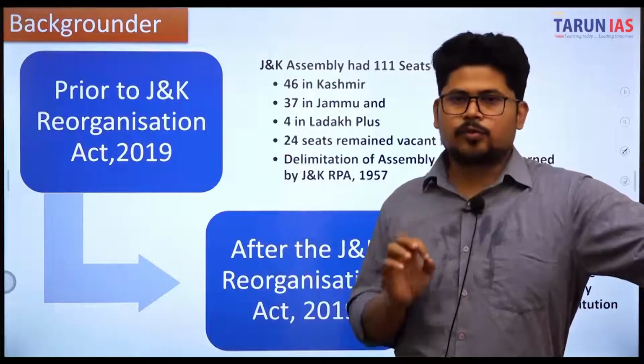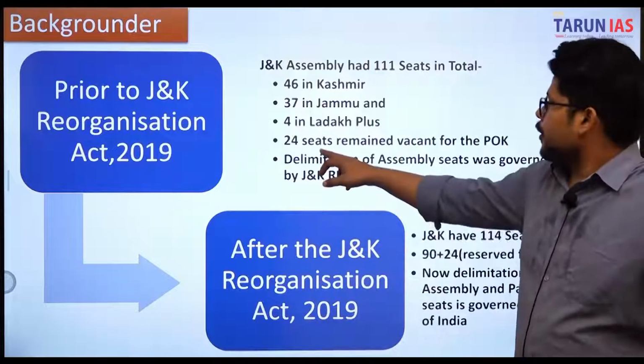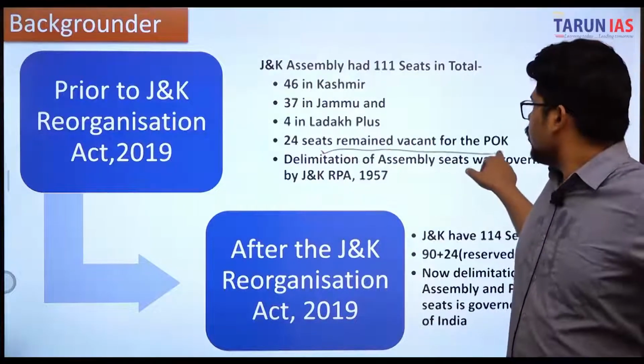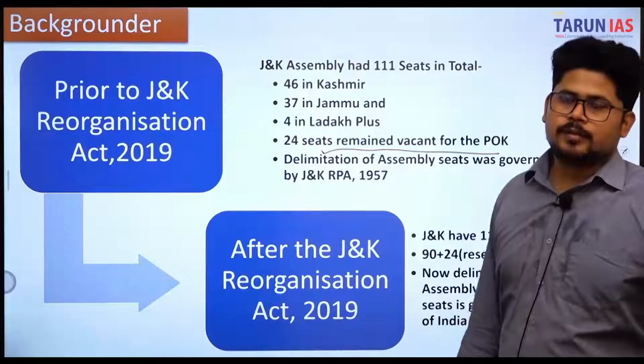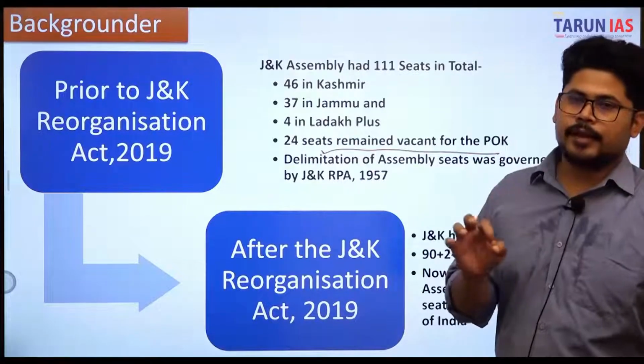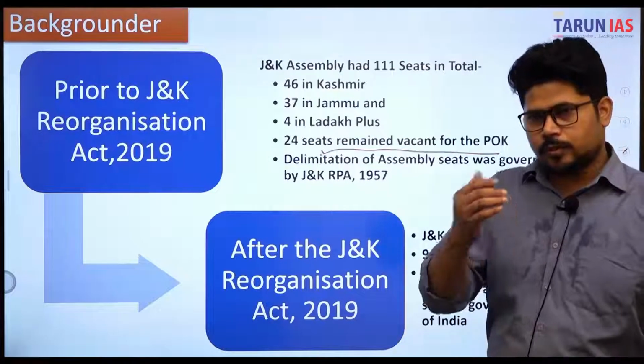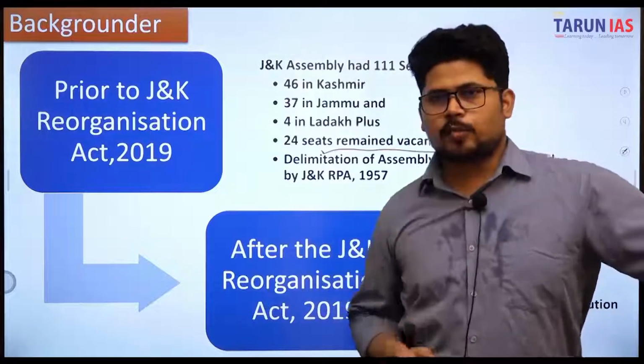Plus, a very important point to notice, 24 seats remained vacant for Pakistan occupied Kashmir. 24 seats in the State Assembly of J&K remained vacant for members contesting from Pakistan occupied Kashmir.